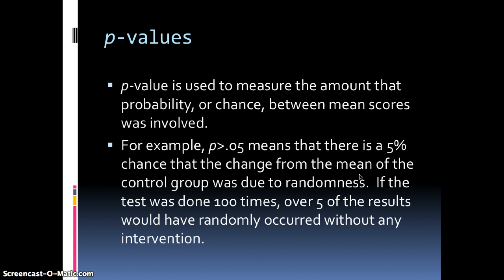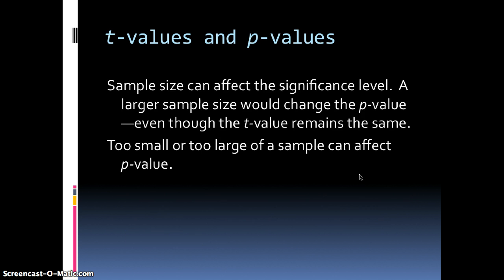It could be 0.1, it could be 0.01, but typically, oftentimes, it's P greater than 0.05, which is what we'll use in the example coming up. That means there's a 5% chance that the change from the mean of the control groups was due to randomness. If the test was done 100 times, over 5 of the results would have randomly occurred without any intervention.